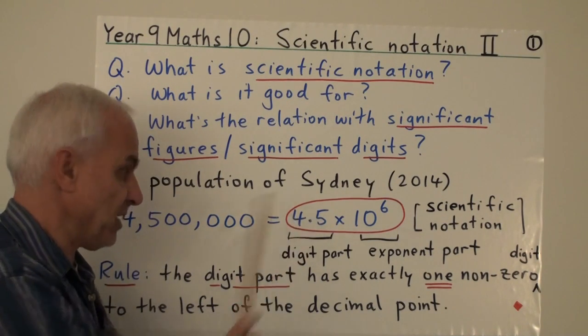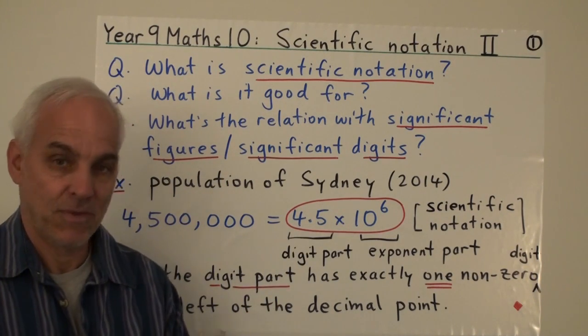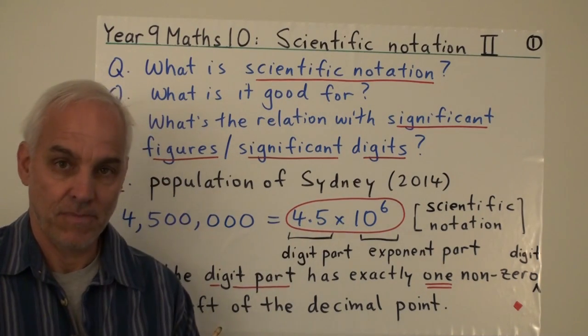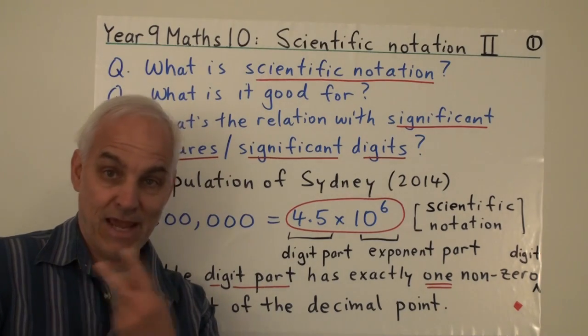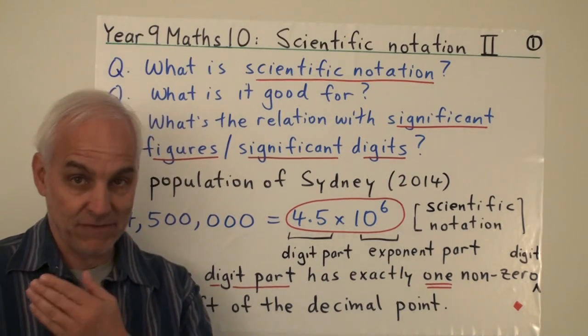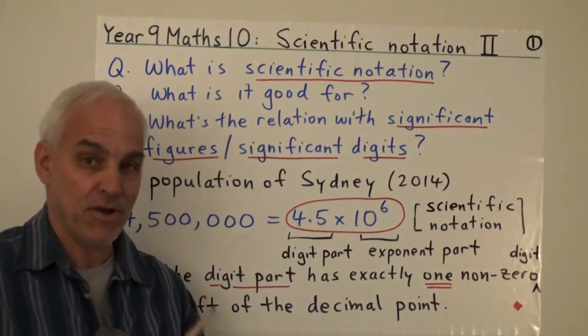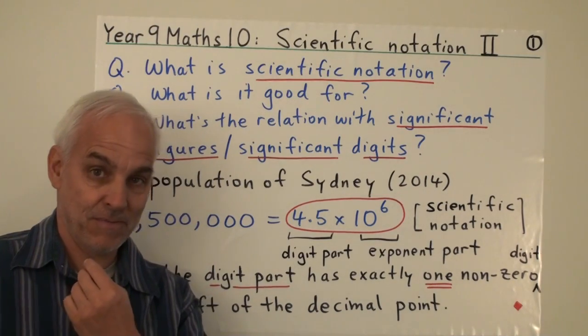So 4.5 is allowed. 3.8 is allowed. 1.7 is allowed. But 53.4 would not be allowed because 53 has two digits to the left of the decimal. 579.8 would not be allowed because that has three digits in front of the decimal.